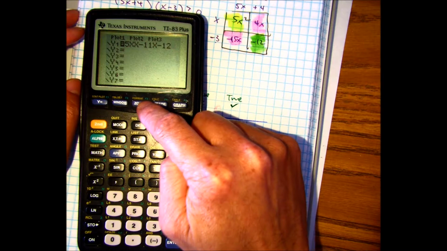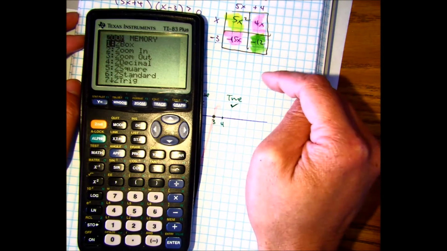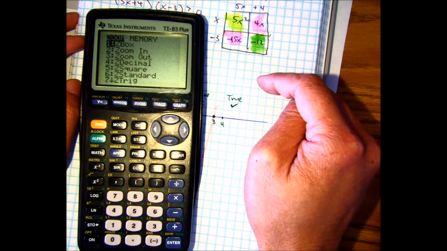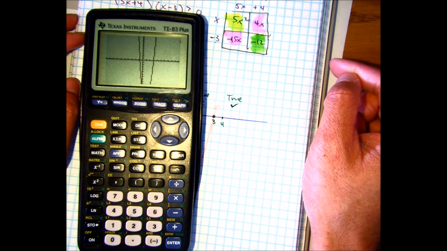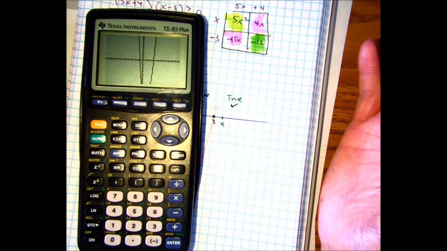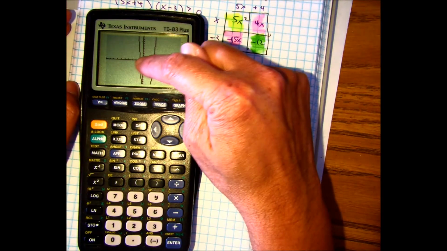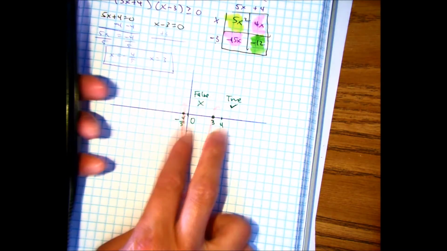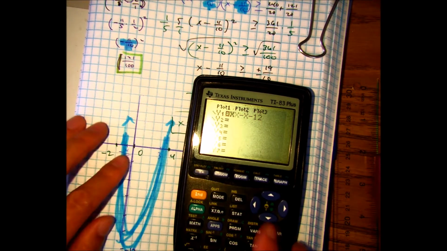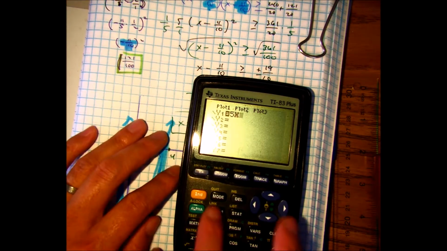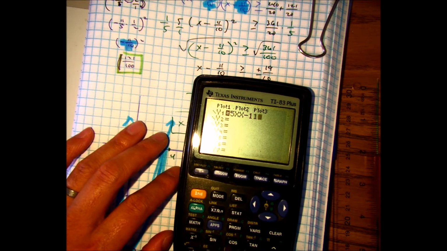And I can press zoom what? 6. Let's see what graph I get. Okay, it gives me something, right? I know my X-intercept is a little bit in the negative and I have one in the positive.